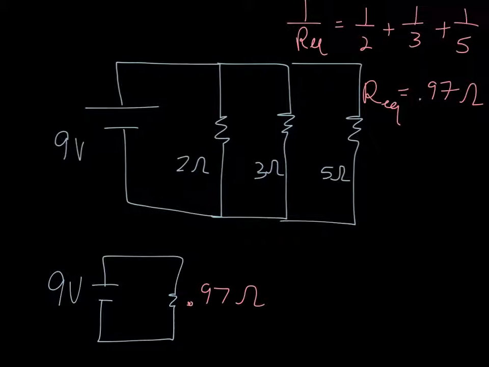The resistance, when in parallel, decreases for the equivalent resistance because of the reciprocal sum identity. Again, this equivalent resistance, 0.97, is less than any of the resistors we started with. Whereas for series, the equivalent resistance would be greater than the 3 that we started with.